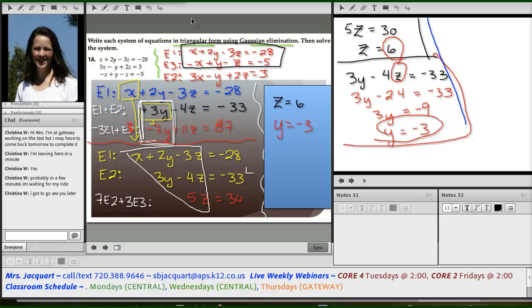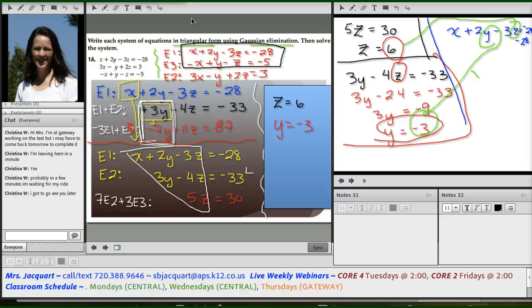Now I'm going to go to the top equation, x plus 2y minus 3z equals negative 28. Uh-oh, I missed that little negative 28 there. Okay, plug everything in. Negative 3 for my y, 6 for my z.